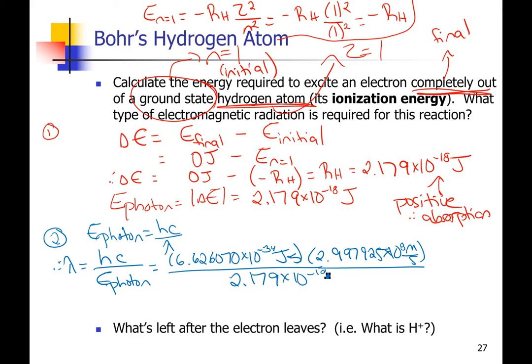Joules cancel, seconds cancel, and I get a wavelength of 9.116 times 10 to the minus 8 meters, which I'd like to convert into nanometers because, again, that's my frame of reference. There are 10 to the 9 or a billion nanometers in 1 meter. Meters cancel, and that gets me 91.16 nanometer radiation.